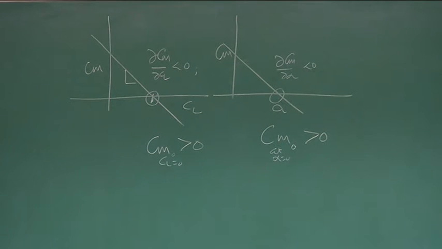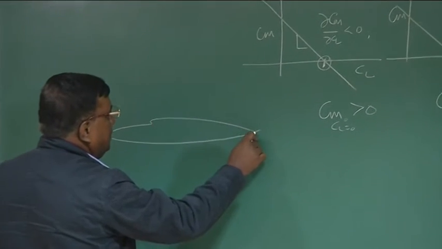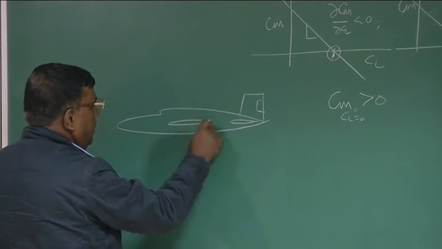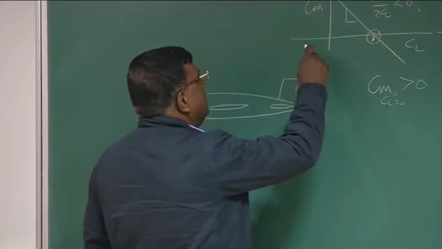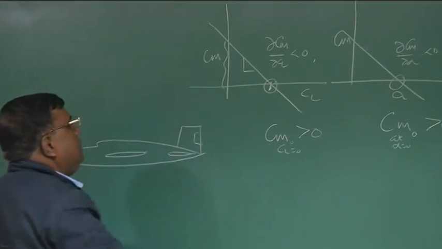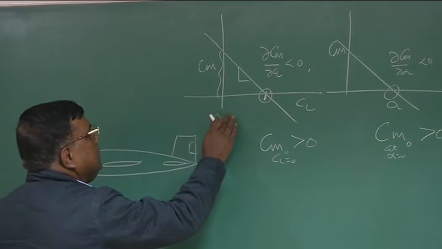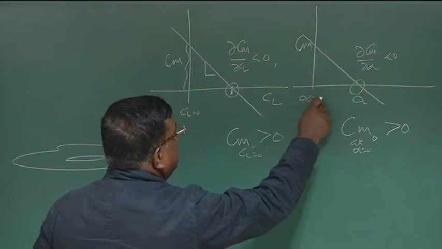We also understood one thing, that if I have an aircraft, then this airplane will contribute towards Cm naught, which is this Cm at CL equal to 0 in this case, or Cm at alpha equal to 0 in this case.